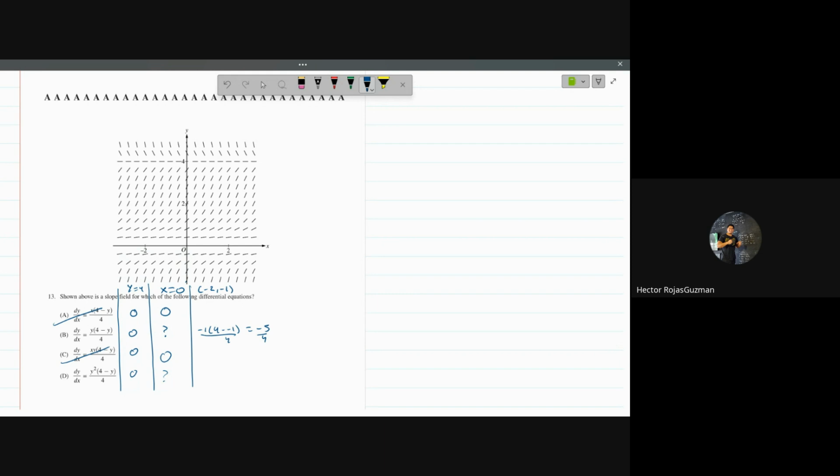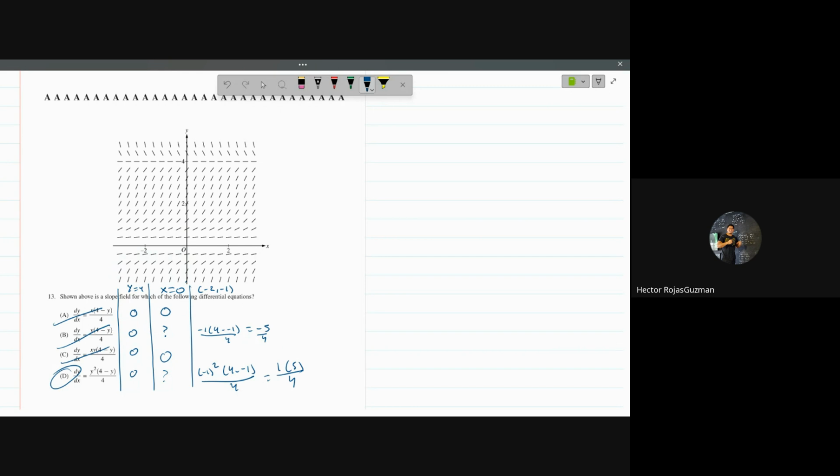And for the other one, we're going to have negative 1 squared times 4 minus negative 1 over 4. That's 1 times 5. This one's negative, no line is negative. This one's out. This one's in. There we go.